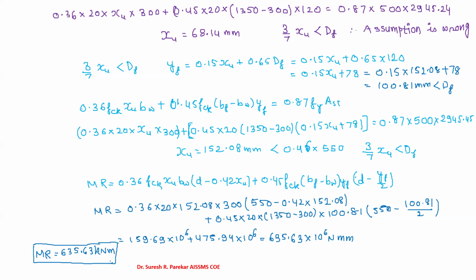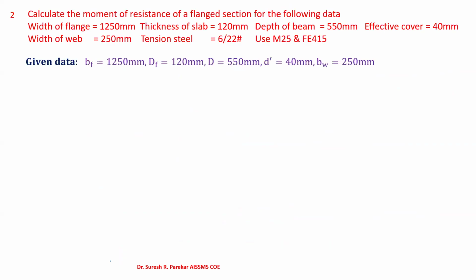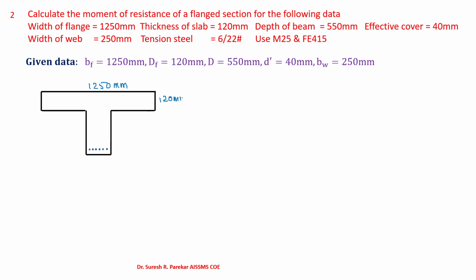So this is our first problem. Now we will switch over to the second problem. We have the moment of resistance given. The diagram is given, and now I will directly write the values over here. This value we have is 1250, DF we have 120, overall depth 550.